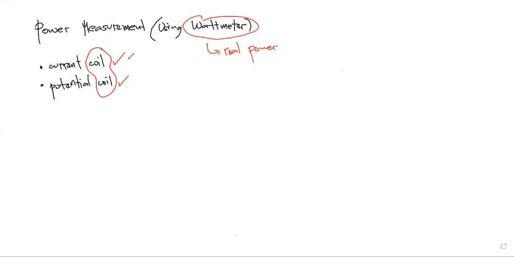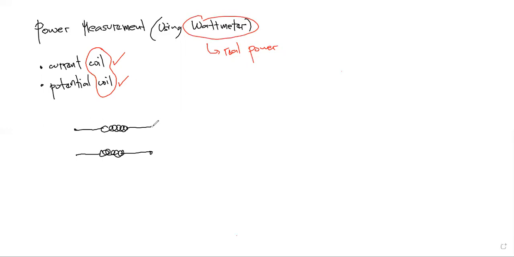If we draw the schematic diagram of a wattmeter, it will look like this. You have two coils. This represents the current coil, and the one situated below represents the potential coil.